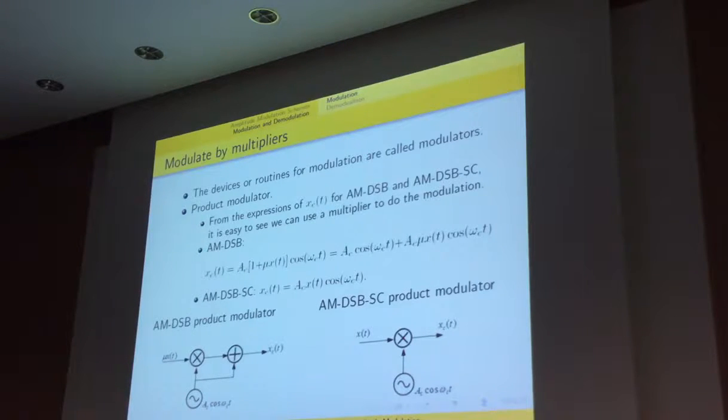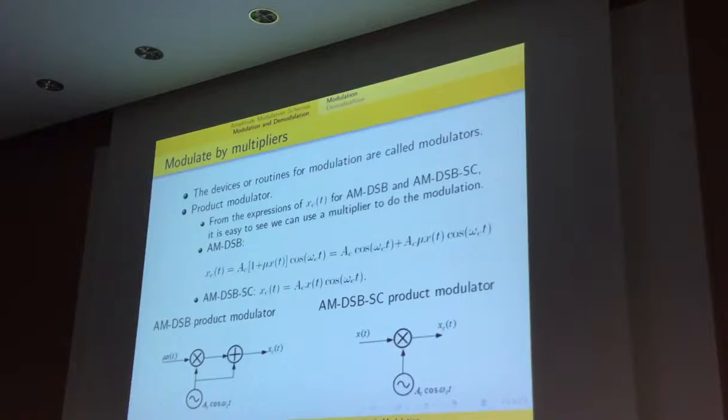So, for example, for AM-DSB, you receive the message signal and also the carrier signal. According to the mathematical modeling, this can be written as a carrier signal added with a second term. The second term is a multiplication of the message with the carrier signal, scaled by mu.